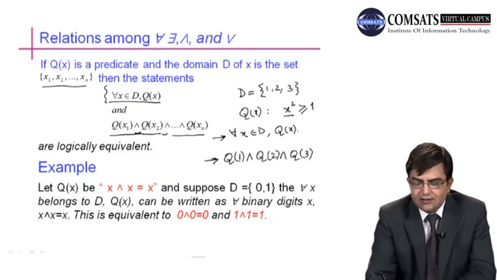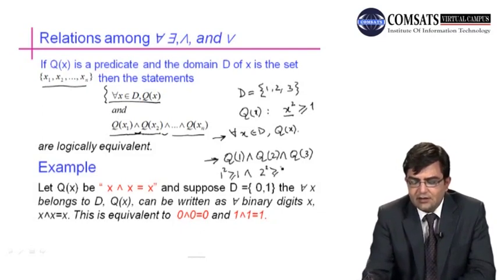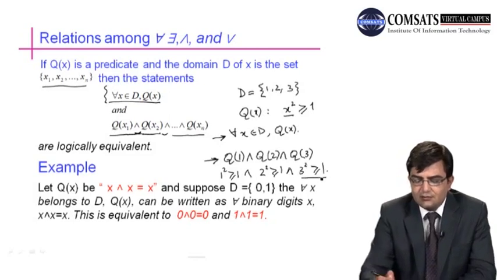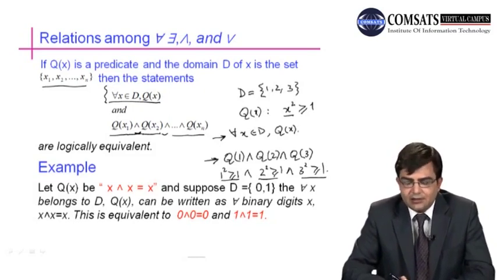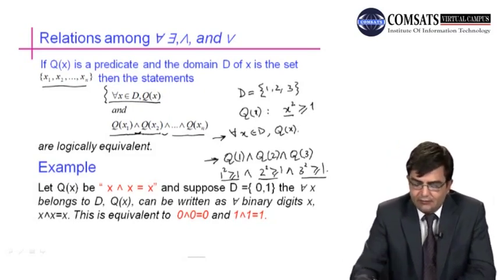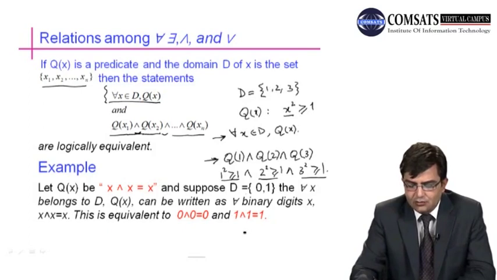Q of 1 is true, means 1 squared is greater than or equal to 1, and 2 squared is greater than or equal to 1, and 3 squared is greater than or equal to 1. So this is true, this is true, this is true. There is a conjunction operator, and you know that for the conjunction operator, if we have two propositions p and q, this is true when both p and q are true.